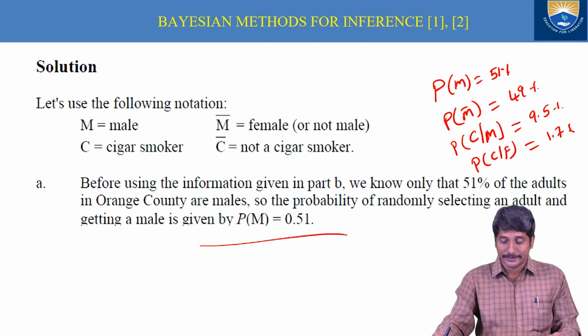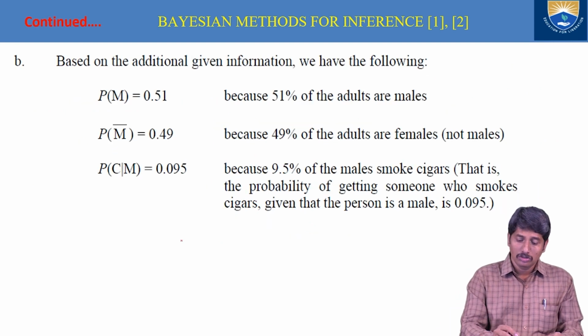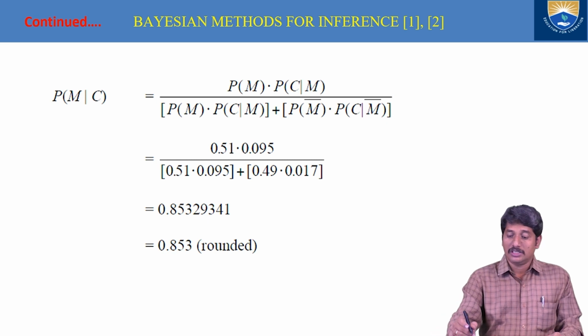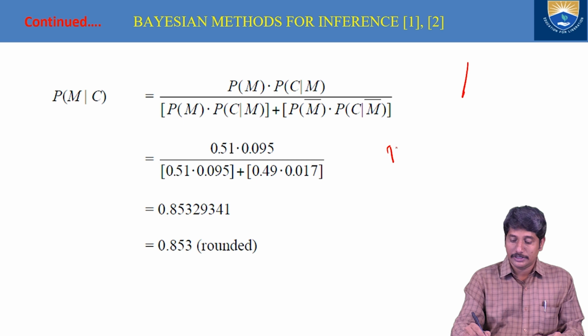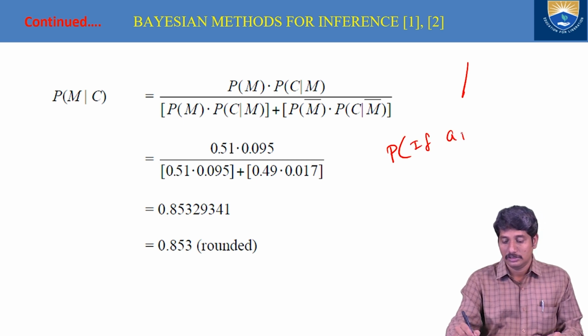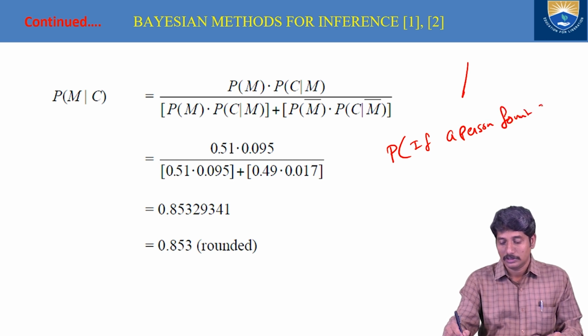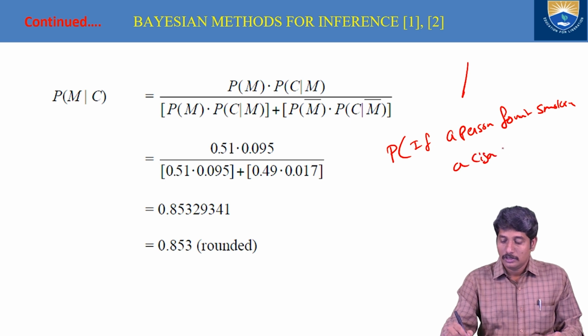Now, after having this, we are asked to calculate if we suddenly find a cigar smoker. Suppose a person is found smoking a cigar, what is the probability that he is a male?